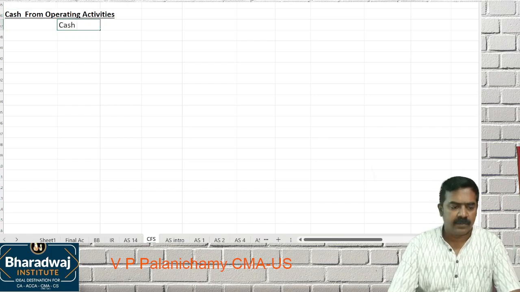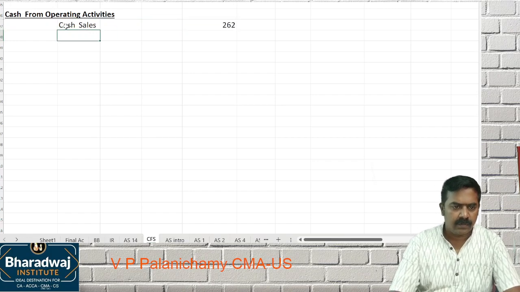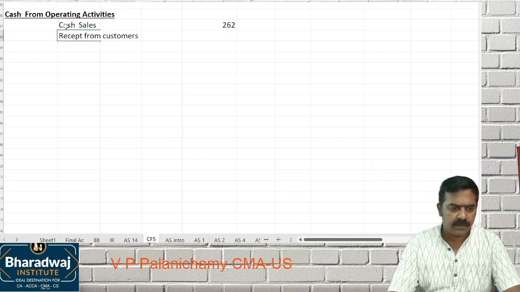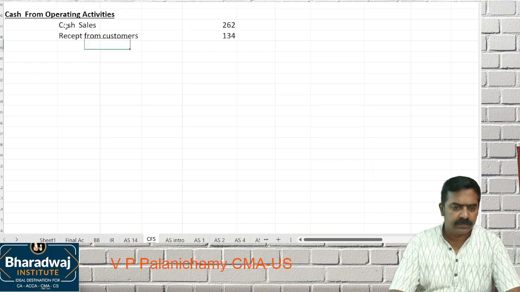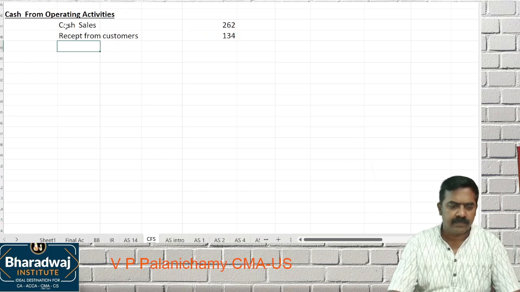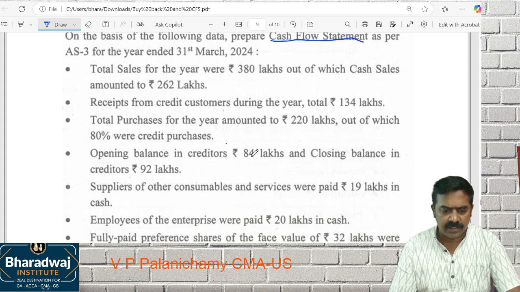Cash sales. What is the cash sales given? 262. Then receipt from customers, 134. Then we'll see any other operating receipts.